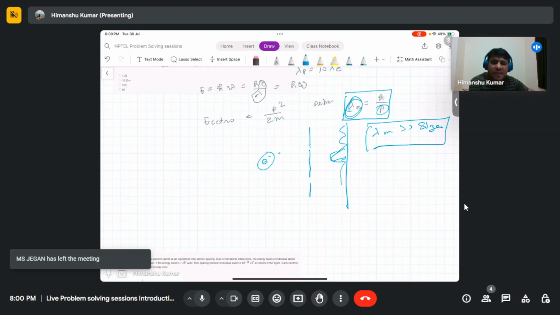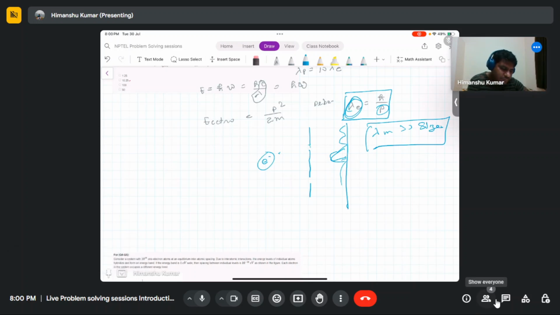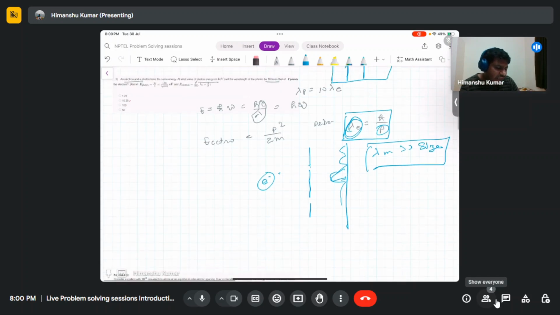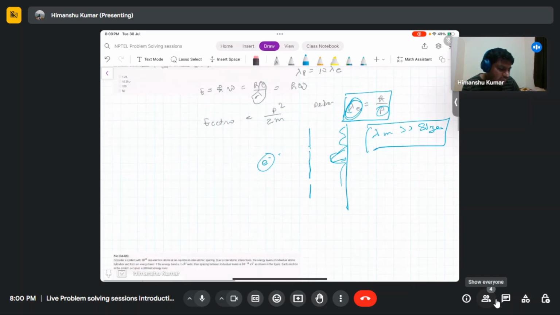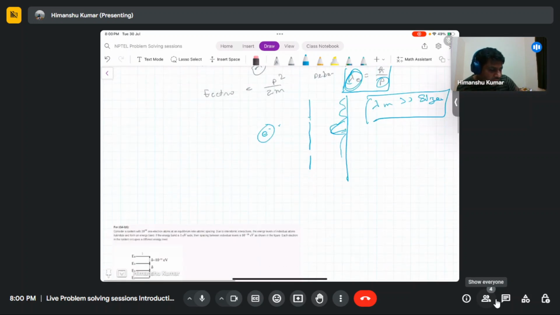Some phenomena you can explain with just the particle picture, but otherwise you need to take the wave picture too. So if you calculate the momentum from the de Broglie wavelength, then p is basically h bar by lambda e, so the energy of the electron you can calculate.